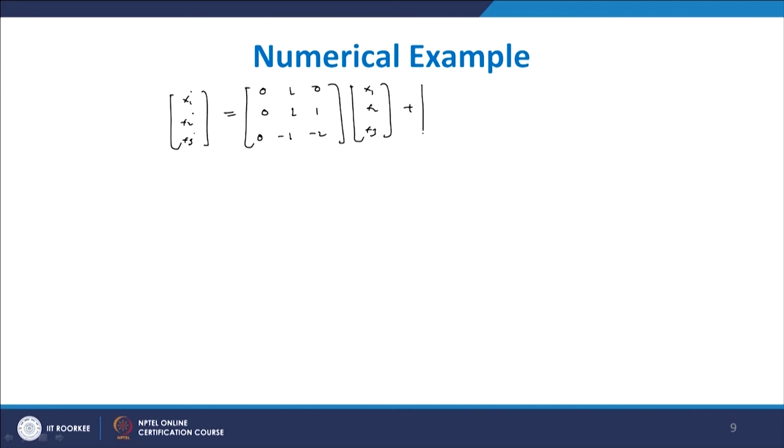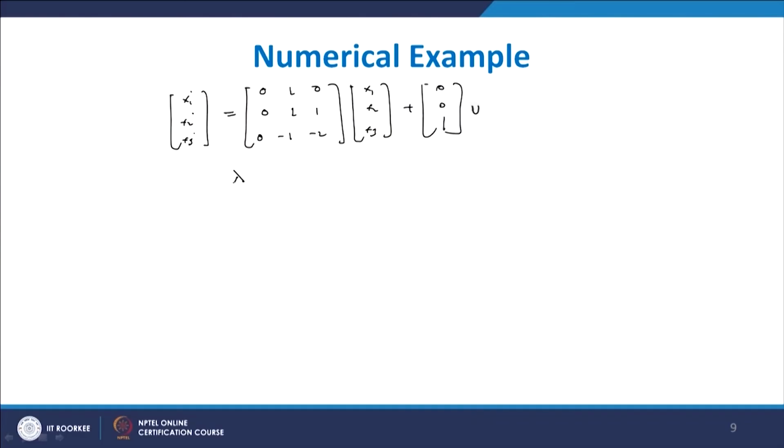The original system has x1 dot, x2 dot, x3 dot, with A as 0 1 0, 0 1 1, 0 minus 1 minus 2, states x1, x2, x3, and B as 0 0 1. So this is the same plant. Here there is no need for any output equations.